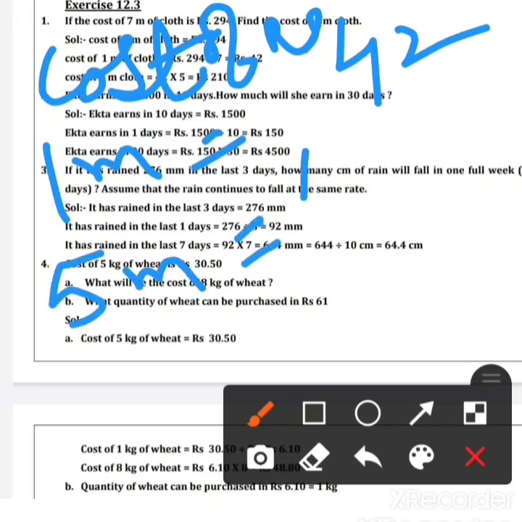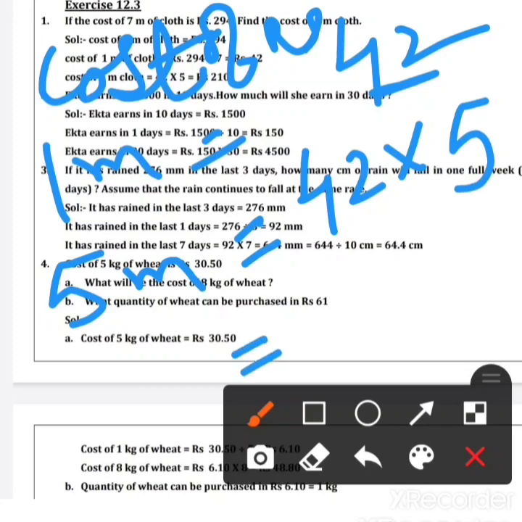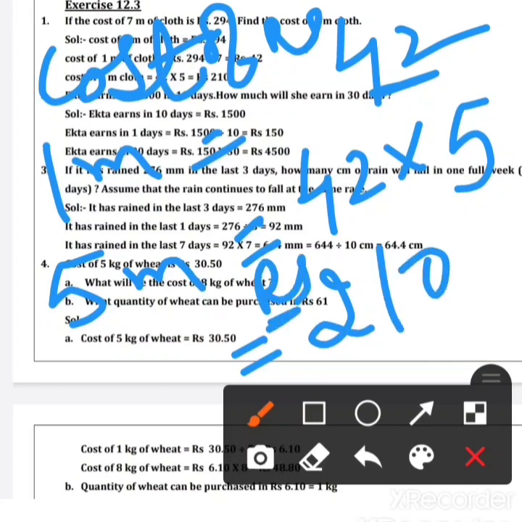How can we find it? Simply multiply the cost of 1 meter, that is 42, by 5. After multiplying 42 by 5, we get 210. That is rupees 210, which is the cost of 5 meters of cloth.